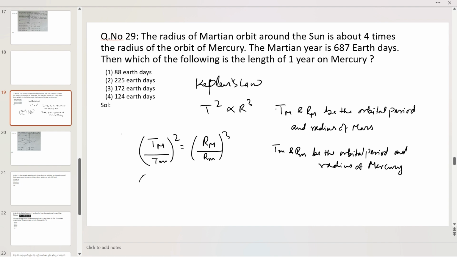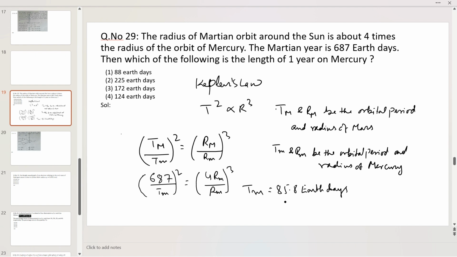So this will be 687 divided by T_m, the whole square, is equal to 4R_m by R_m, the whole cube. Now if you solve this, you get T_m equal to 85.8 Earth days. So this will be equal to 88 days.